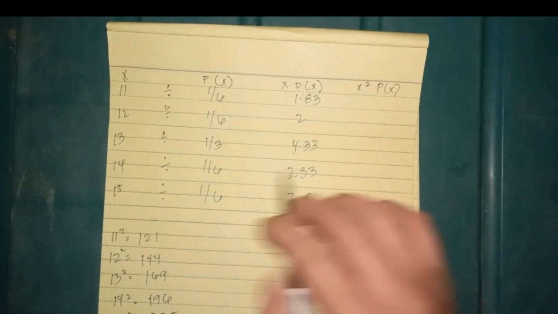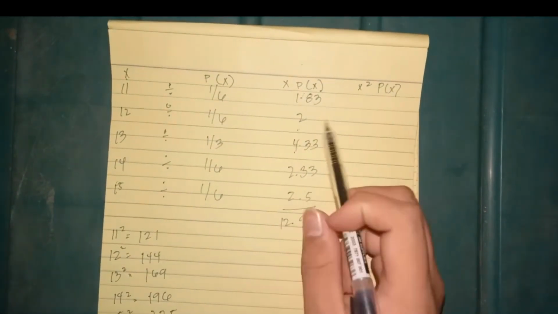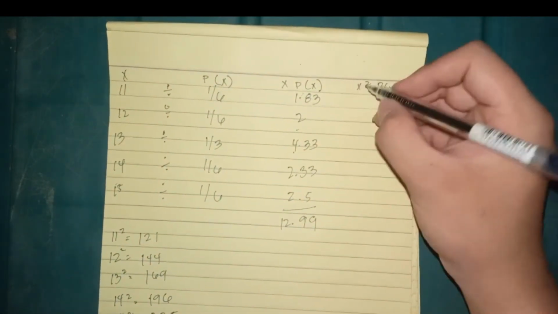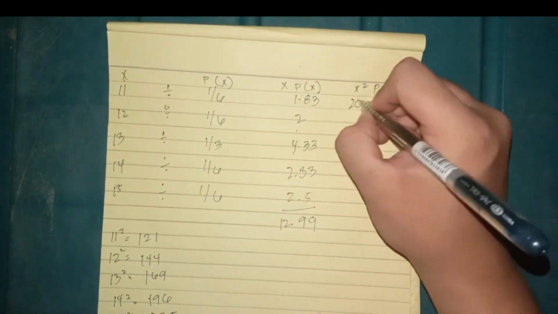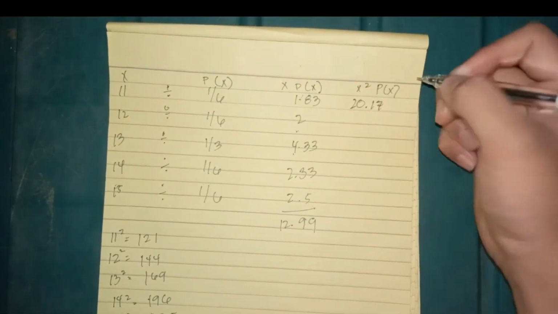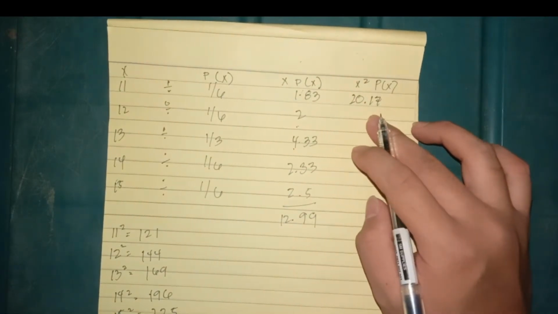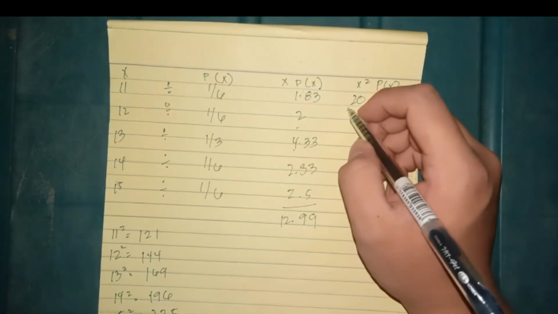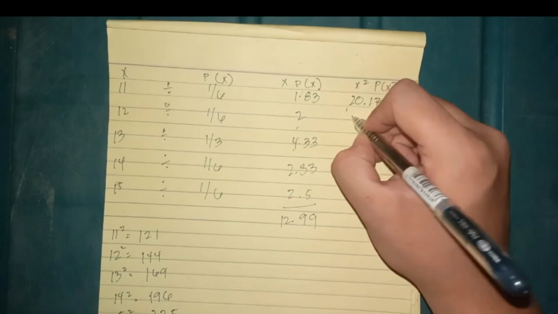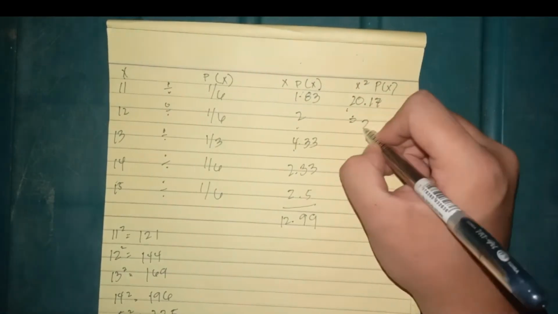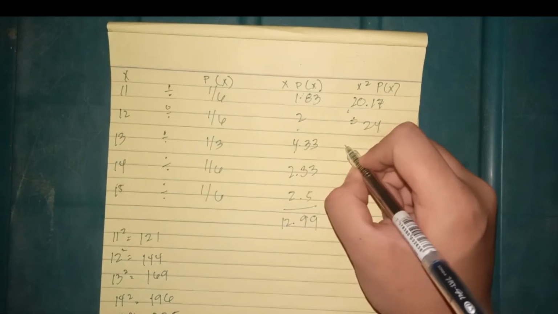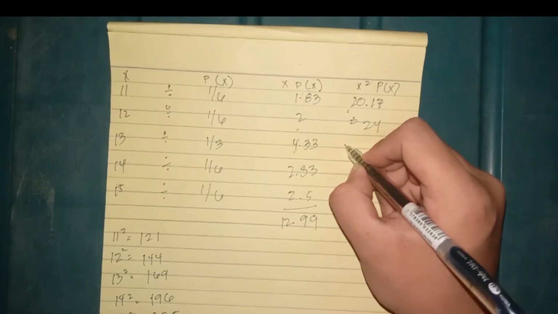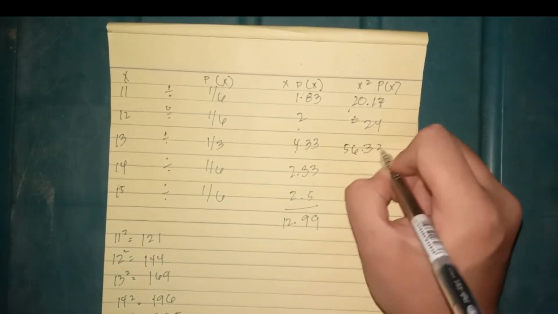Ganito ang gawin natin. Same procedure din ng dito. Kaya 1 over 6 times 121 is 20.17. Ano lang, rounded off lang po siya. And then 1 over 6 times 144 equals to 24. Next is 1 over 3 times 169 equals 56.33.